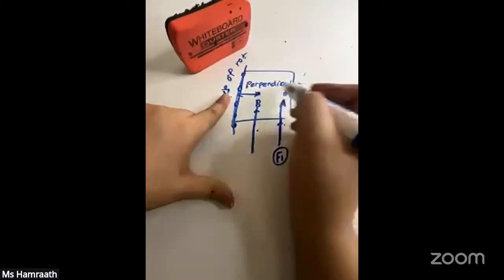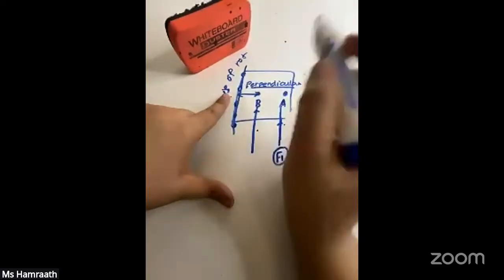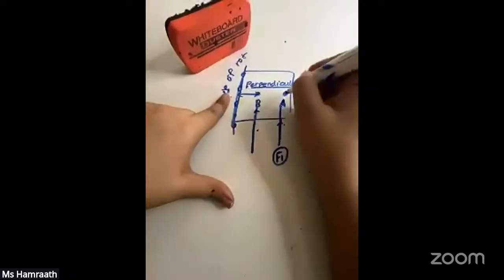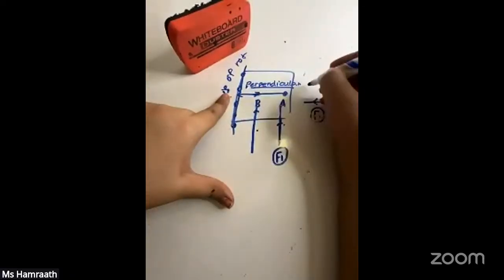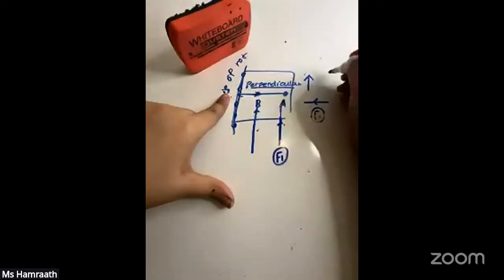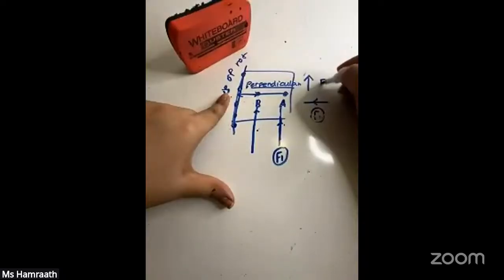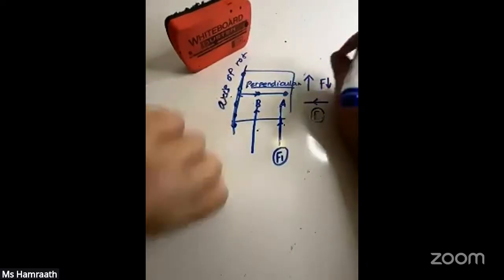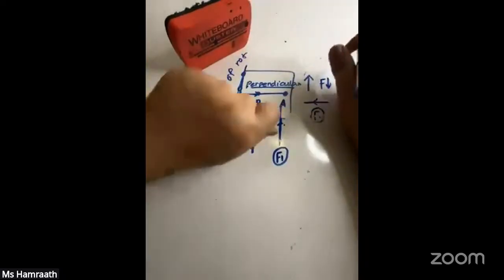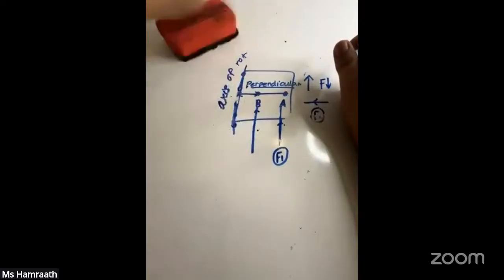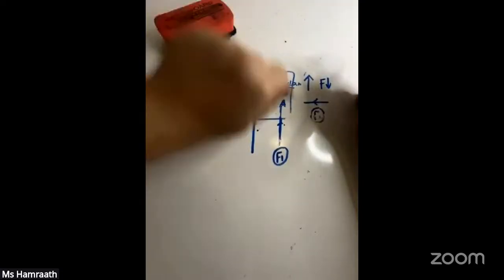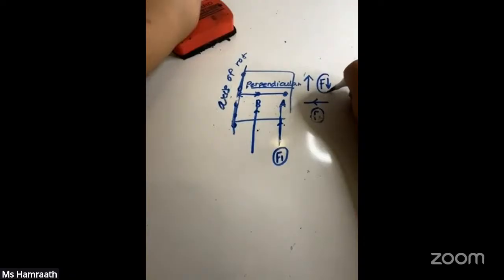Remember, if the perpendicular distance is high, the amount of force that you give will be less. If you feel it is easy to open the door from point A, the force is less, because the perpendicular distance is high.